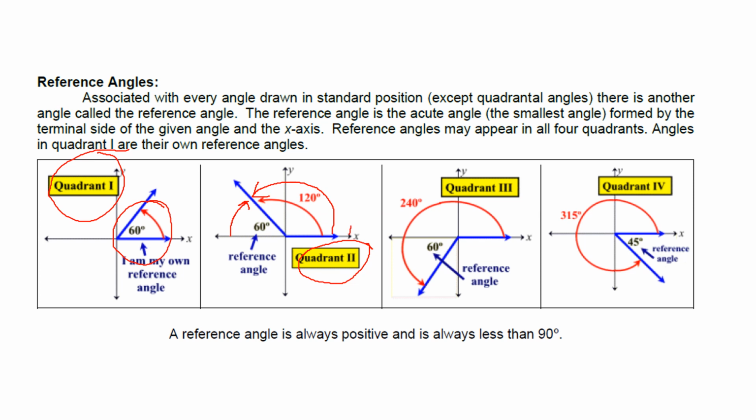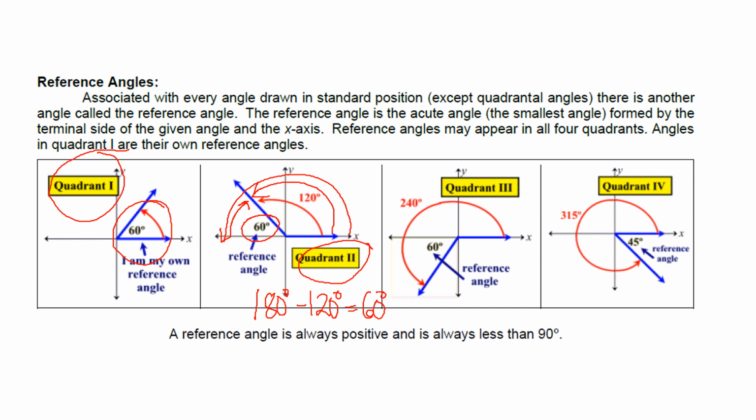The total of 120 plus a number will become 180 degrees. So in this case, 180 degrees minus 120 degrees is equal to 60 degrees. That is the reference angle.